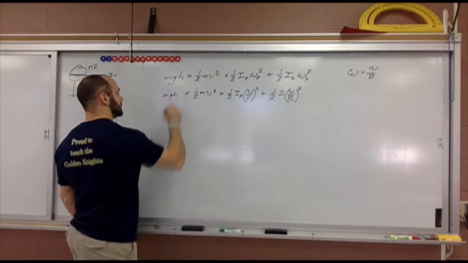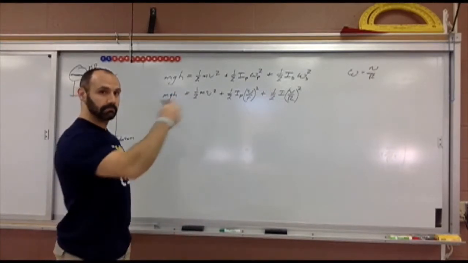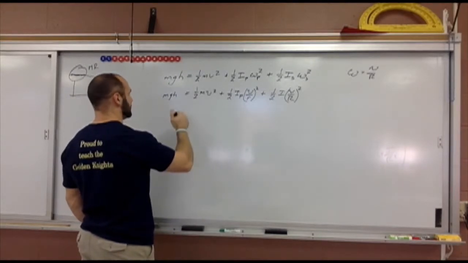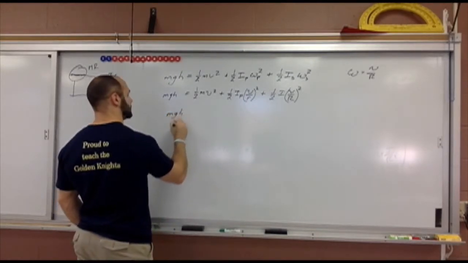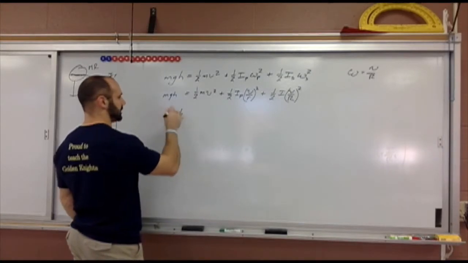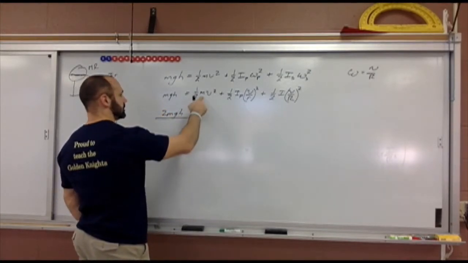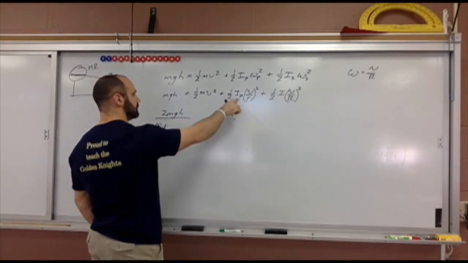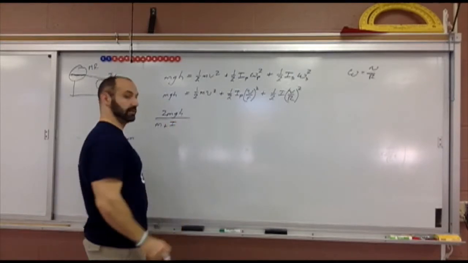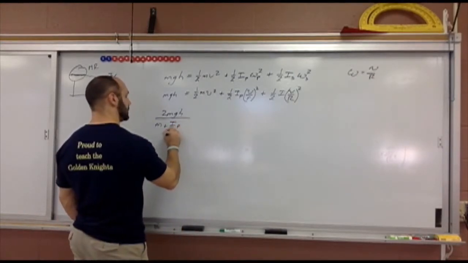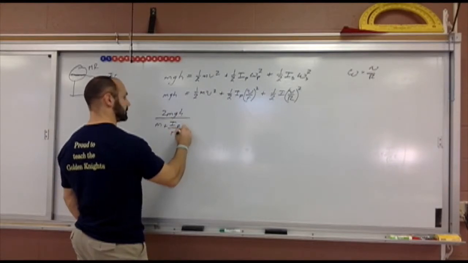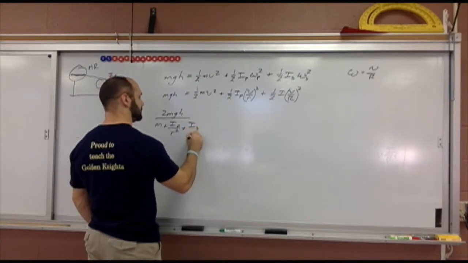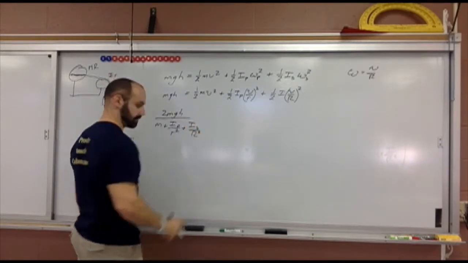Equals mgh. Now, I factor out v squared, and then I'll be left with this. This is going to be mgh. Let's do this. Multiply by 2 as well. 2 over mgh. So now I'm going to have, this is just going to be m plus the moment of inertia of the pulley over the radius of the pulley squared plus the moment of inertia of the sphere over the radius of the sphere squared.